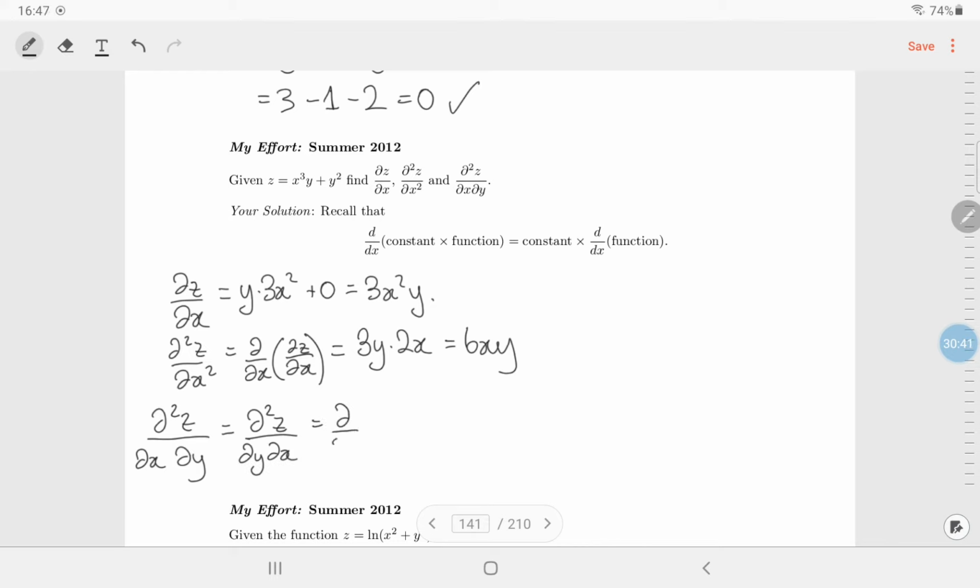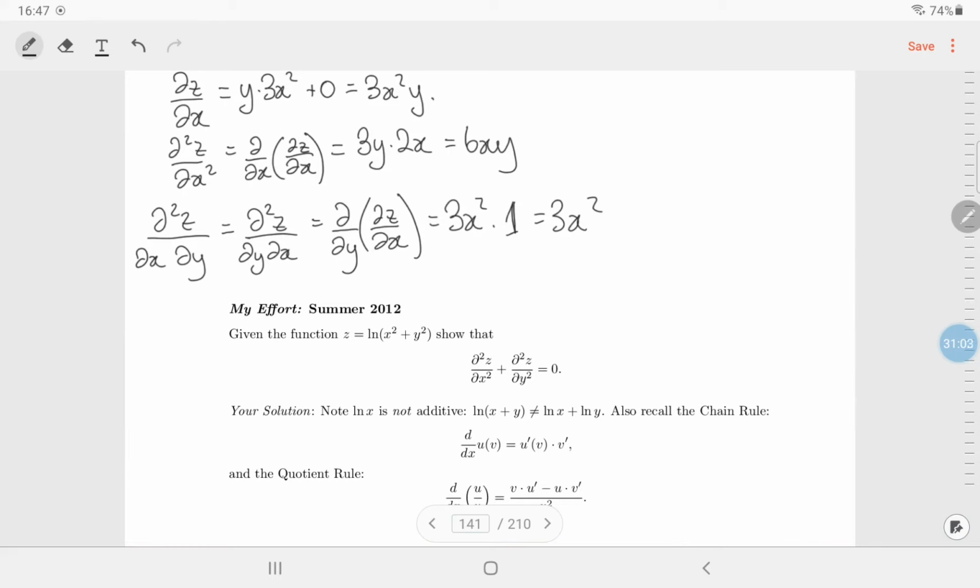So differentiate with respect to y the first derivative with respect to x. Look at the 3x squared y, now differentiate that with respect to y. 3x squared is a constant, and the derivative of y with respect to y is 1. And so you get 3x squared, and fair play if you got that right.